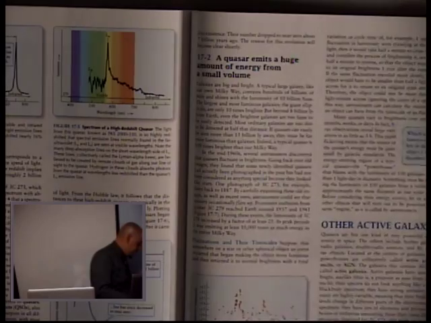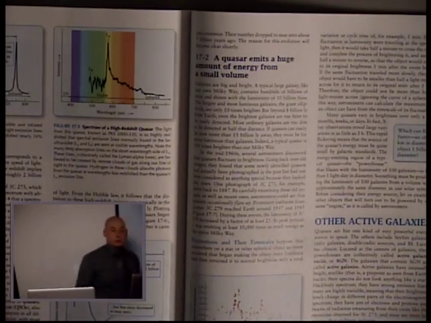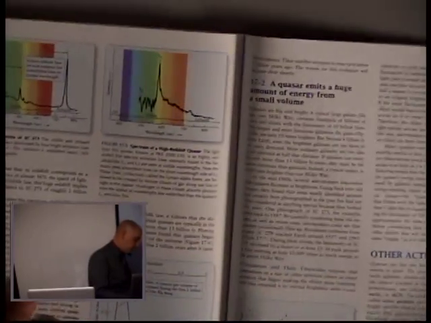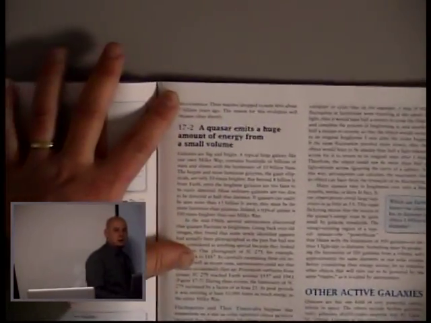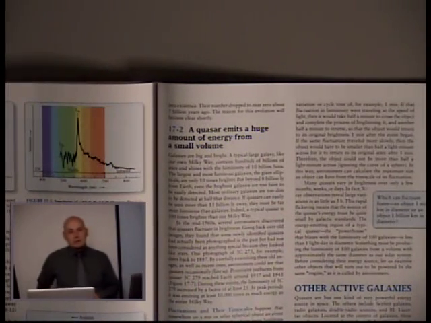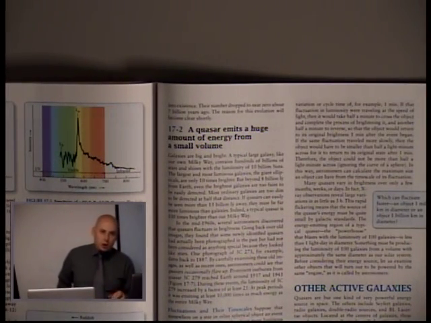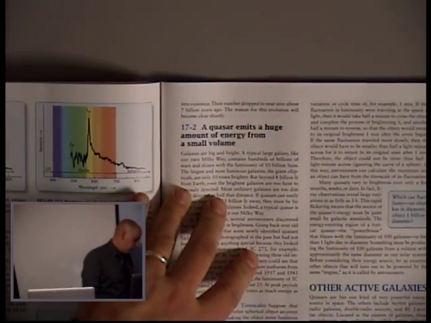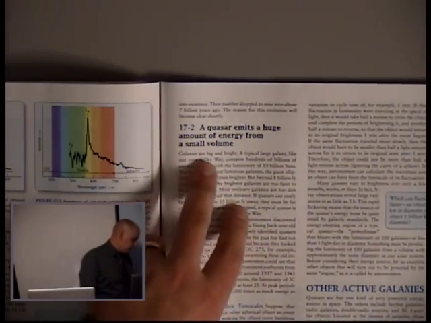Perhaps the most exciting answer to that is it's not fully understood. It is one of many topics that we do not fully understand. But what we do understand about them is that this huge amount of energy is coming from a very small volume. That means we're talking about something that looks like a star. It says galaxies are big and bright.